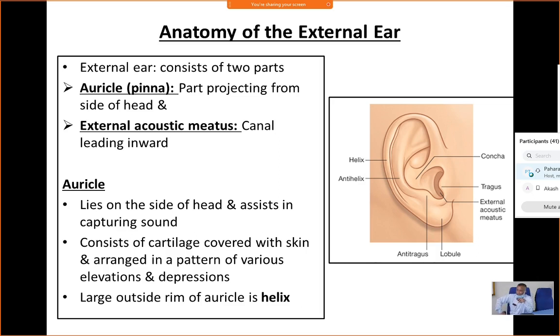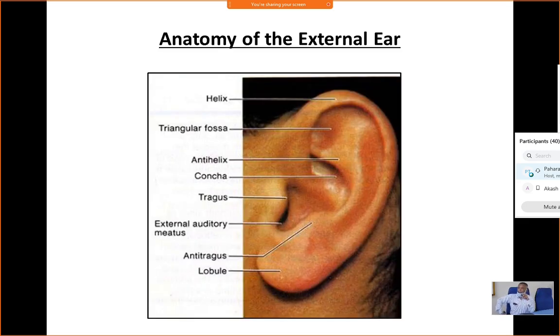It has some depressions and elevations. This is our auricle, and the large outside rim of the auricle is called the helix. It is the most circumferential part, as shown in the diagram. Then there is a triangular fossa, a depression just in the upper part of the pinna.